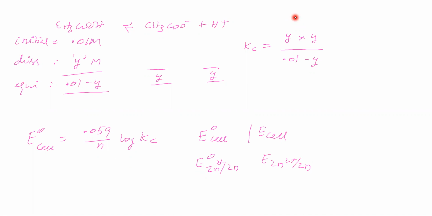If you fix the nature, suppose you are taking zinc electrode, n remains constant. Therefore, n is also a constant value. E naught cell is constant, n is constant, then Kc is constant.